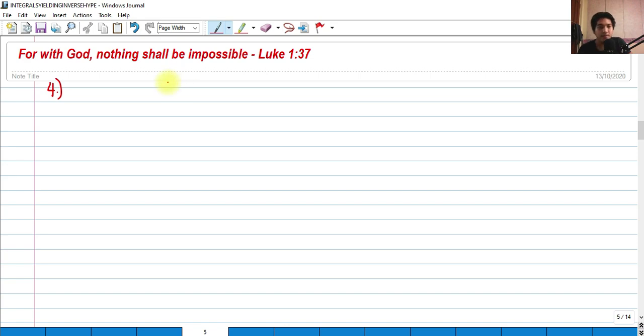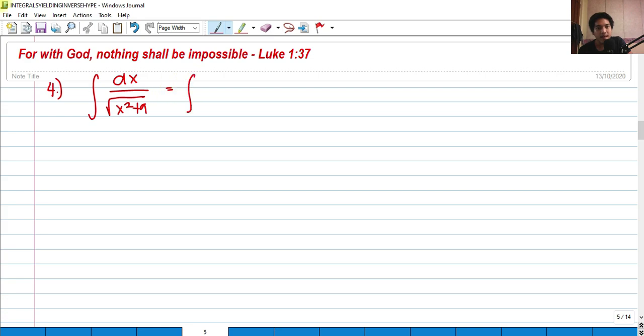Okay, so for number 4, let's try this problem. We have the integral of dx all over the square root of x squared plus 9. Let me just rewrite. So this is very obvious.